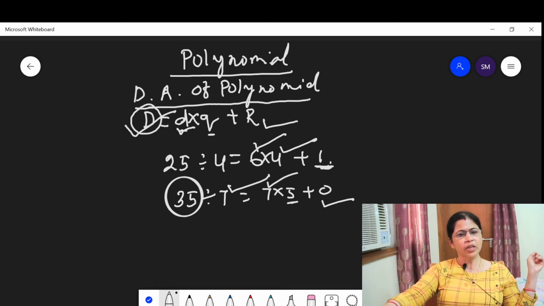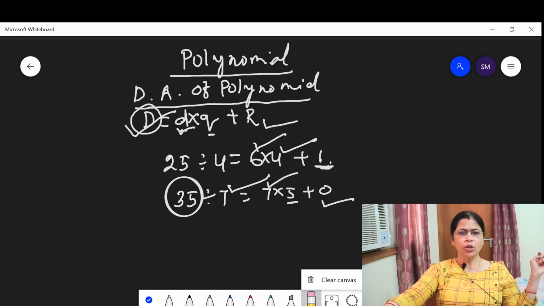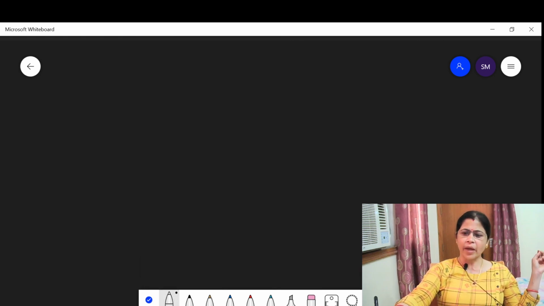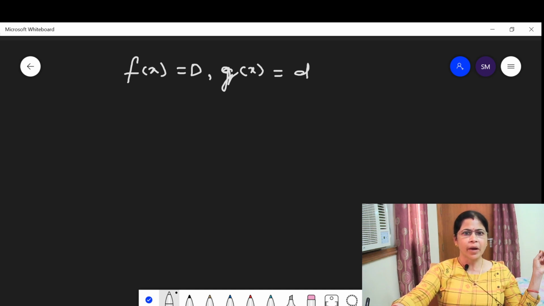The same logic is also applicable to the division algorithm of polynomials. Suppose f(x) is the dividend, g(x) is the divisor, q(x) is the quotient and r(x) is the remainder.